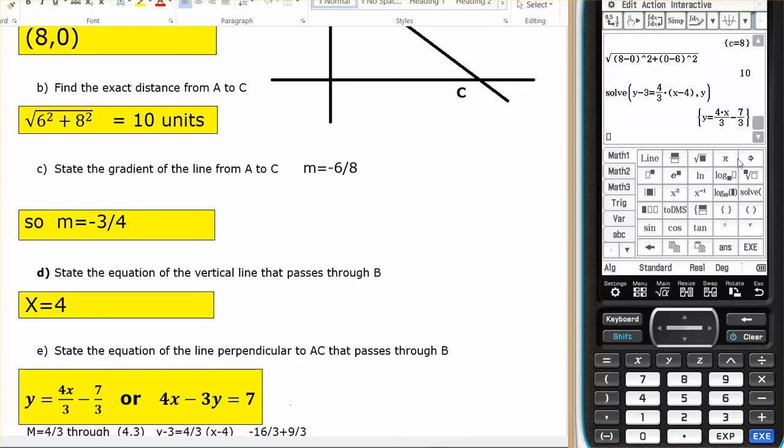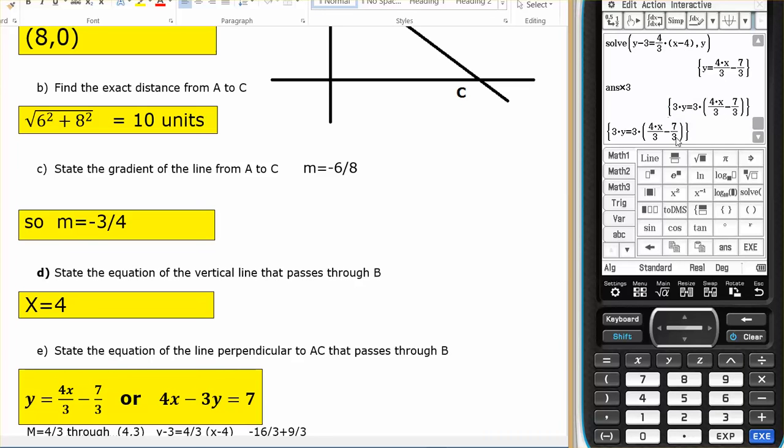If I want to get into this form, I then say multiply all sides by 3, and then I wish to maybe expand. Let's get rid of those brackets.